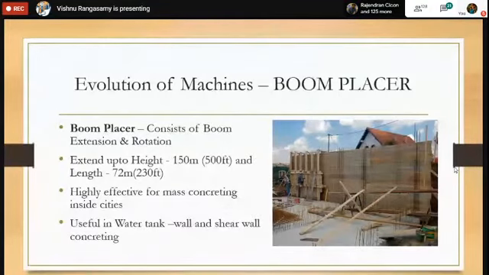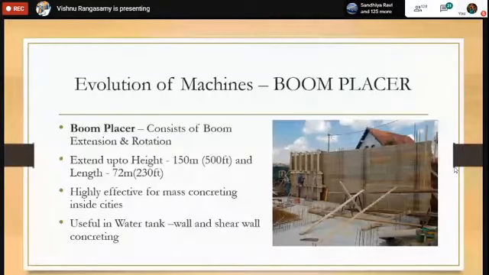It consists of a boom extension and we can rotate around 360 degrees and it can extend up to a height of 150 meters, that is around 500 feet, and a length up to 72 meters, that is 230 feet. Nowadays, what is available in Coimbatore and around the cities is around 200 feet in height, and it can go for a length of around 100 feet. So it is highly effective in mass concreting inside the cities.